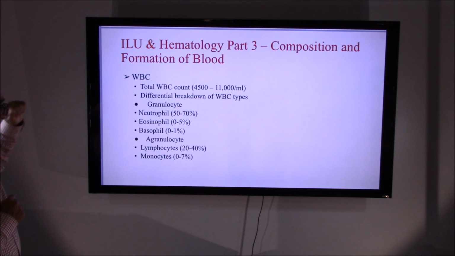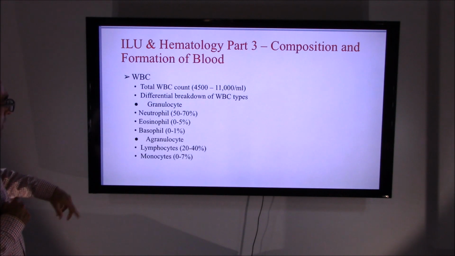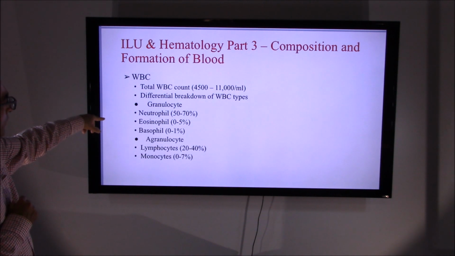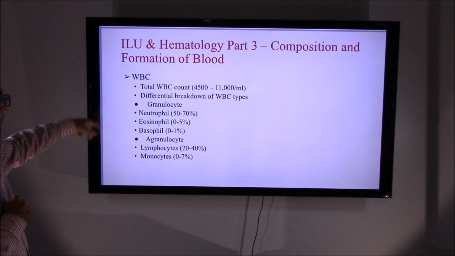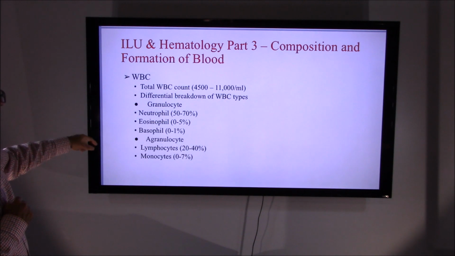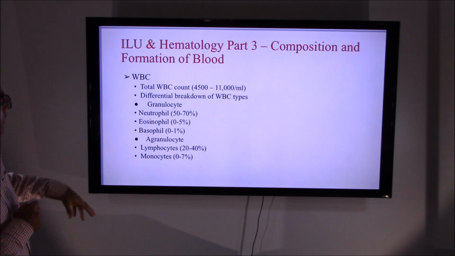I would say a couple of things here: the neutrophils and the lymphocytes dominate. Half to almost two-thirds are neutrophils and lymphocytes. They all work together. The remainder of the sub-classifications are very small in percentage.